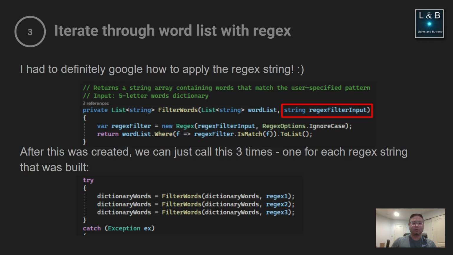And then after that, as you can see, it's a private list string. It will output a data type of a list, and that's the list that it narrows it down to based off of the regular expression. And as you can see at the bottom, we're going to be calling this 3 different times for the 3 different scenarios that we talked about in the past.